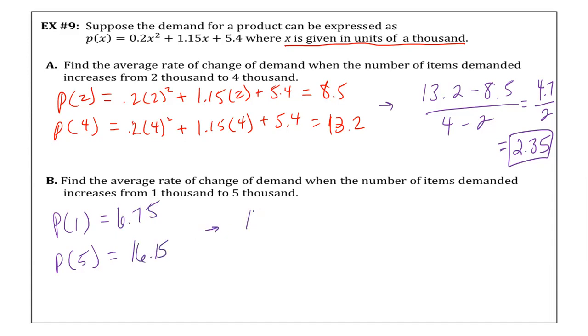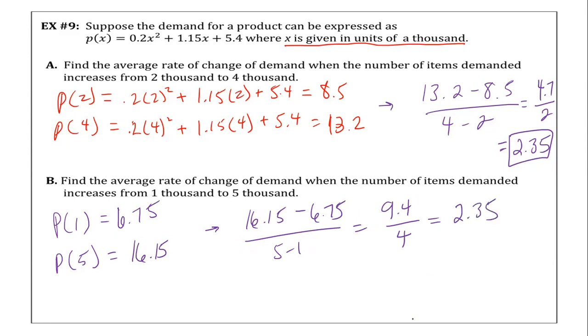So we have 16 and 1/1500 minus 6 and 7/500 all over 5 minus 1. And I get 9 and 4/10 over 4, which if you want to keep breaking down, you could, but just divide it and you get what? 2.35. So that means these have the same interval of change.